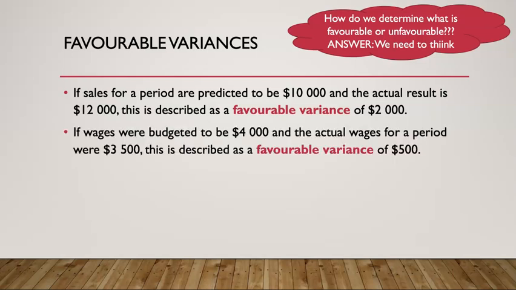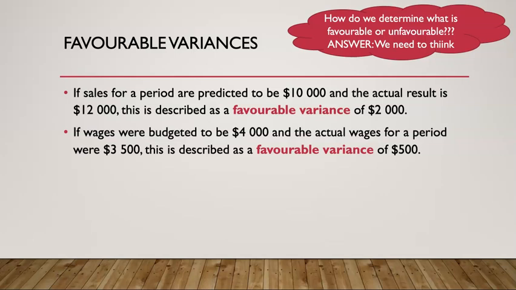However, if wages were budgeted to be $4,000 and the actual wages were $3,500, this is also described as a favourable variance, this time of $500. So you can see you've got to think, because for the first one, revenue, we want this to be a big number. We want this number to be high. So it's favourable if our number in the actual results is higher.